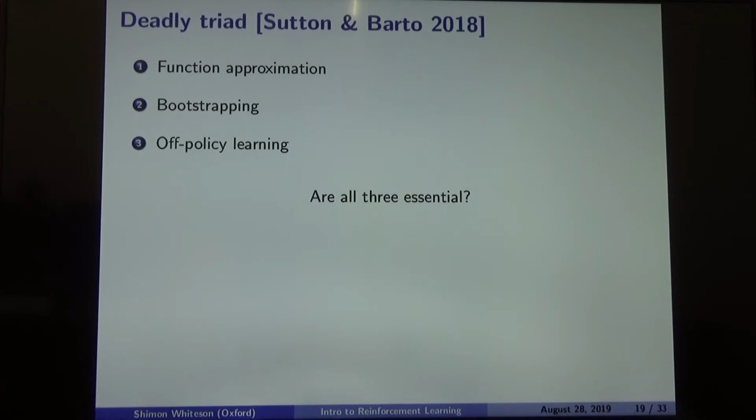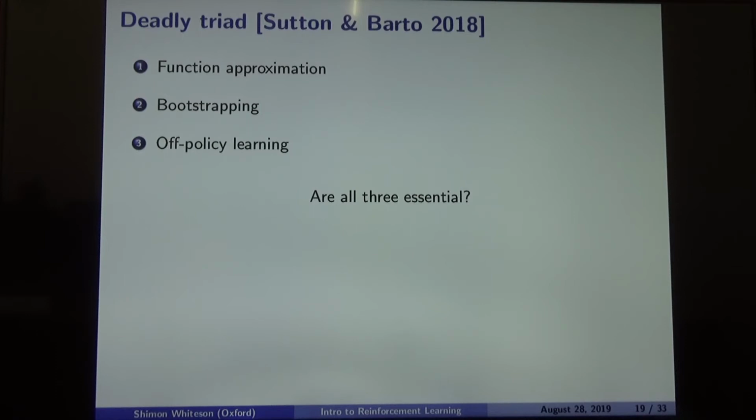The first one is function approximation. With tabular methods, we don't have any of these problems. We have great methods for the tabular setting. The second one is bootstrapping. If we just do Monte Carlo instead of temporal difference methods, these problems also go away. And the third one is off-policy learning. If we restricted ourselves to SARSA and TD methods without doing things like Q-learning, we can also avoid these difficulties.